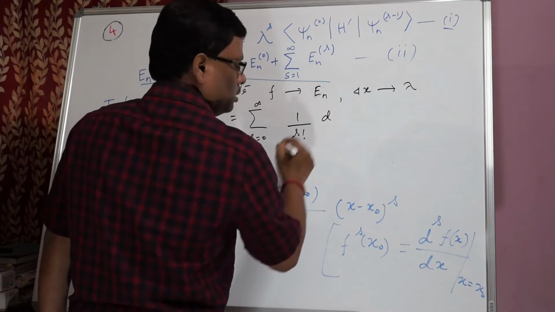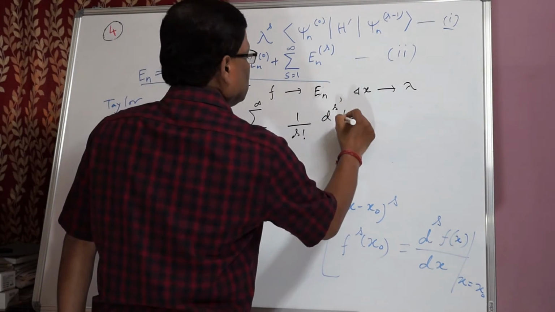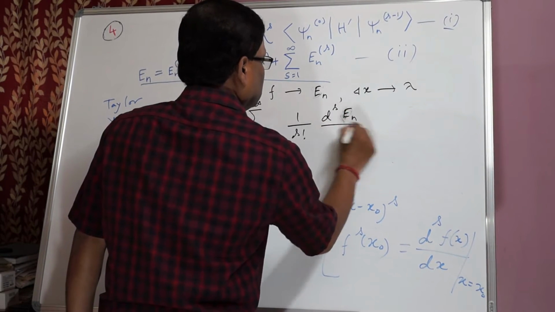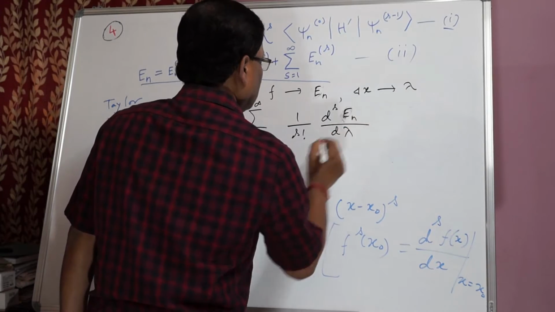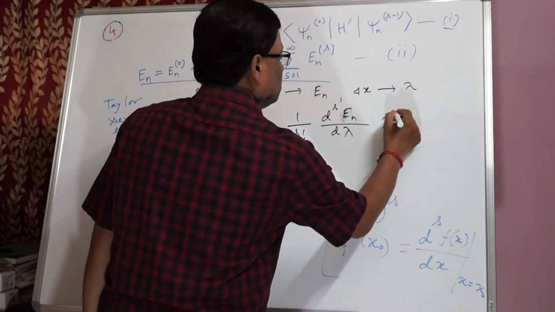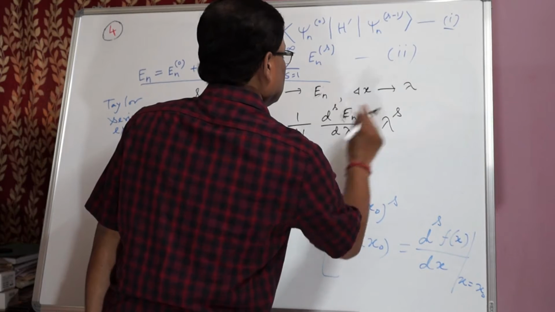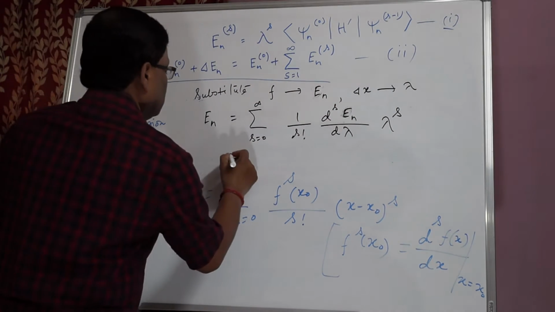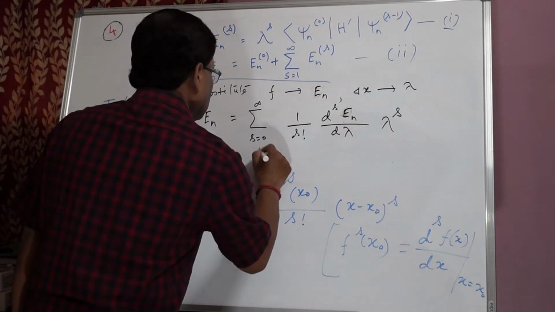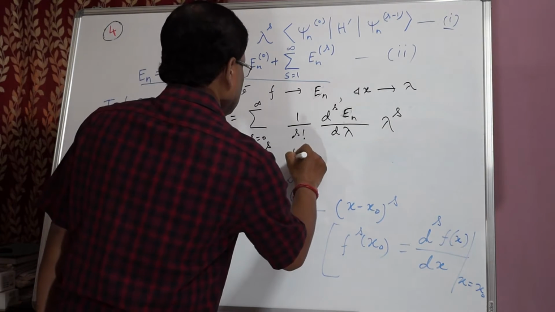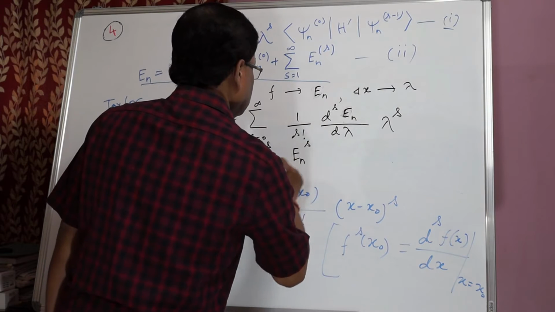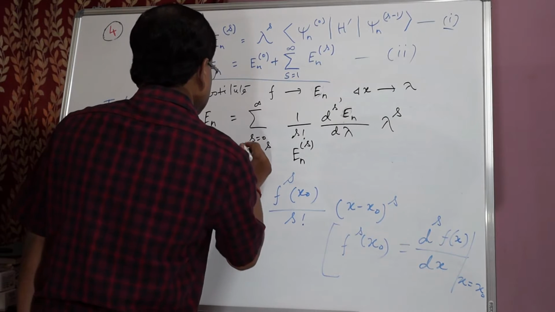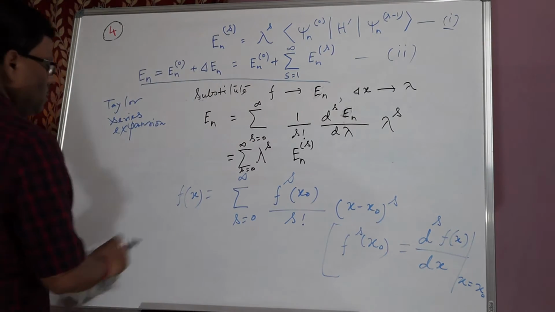So I write d^s En by d lambda to the power s. So En is like this, so I can write lambda to the power s En^s, s equal to 0 to infinity.